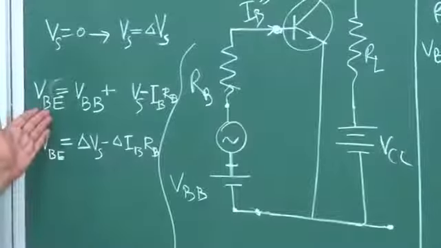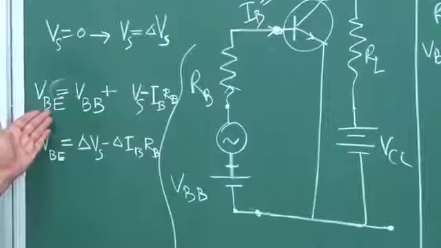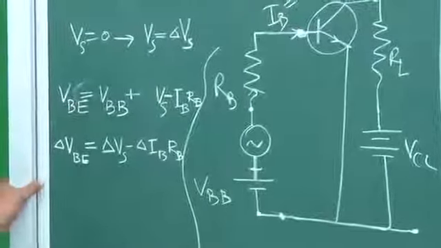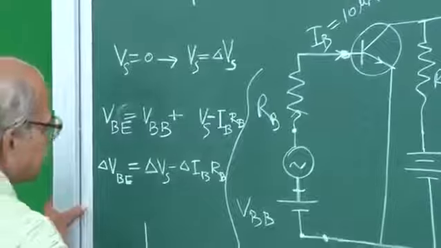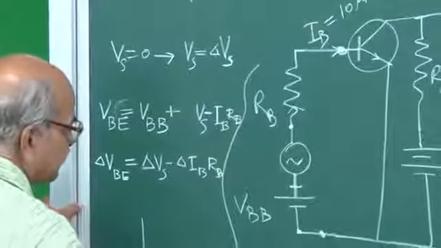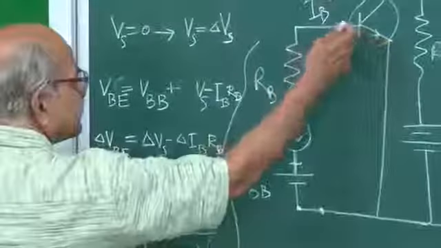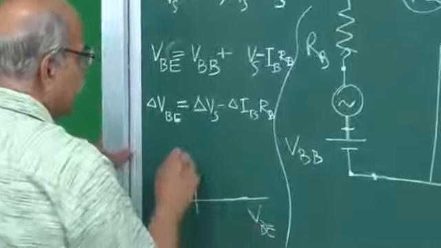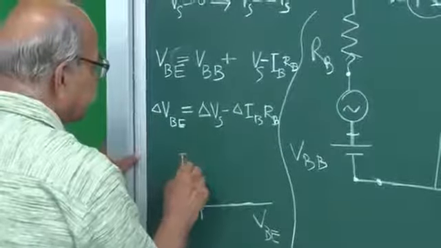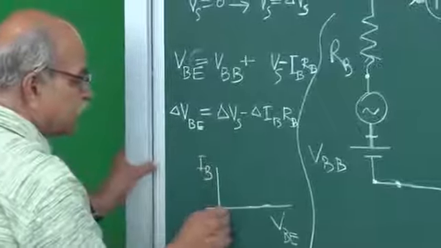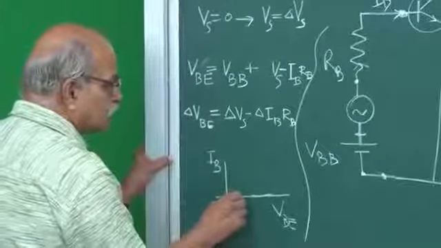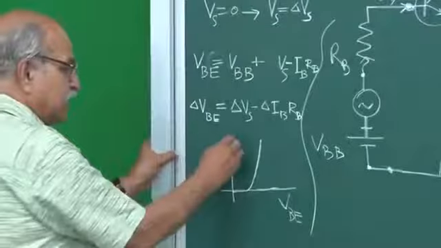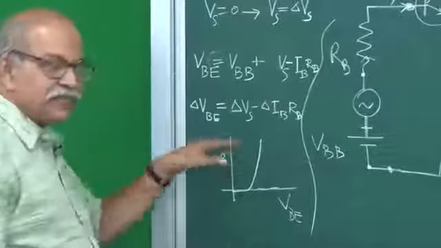Now this VBE, you cannot really change it much. Why? Because if you remember, the characteristic is of a PN junction, and in this case the base emitter junction, input characteristics, VBE here and IB here. It is just a PN junction with values of IB in the microampere range.